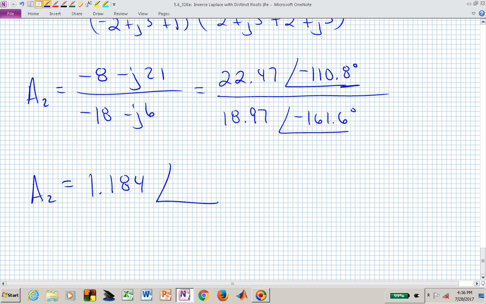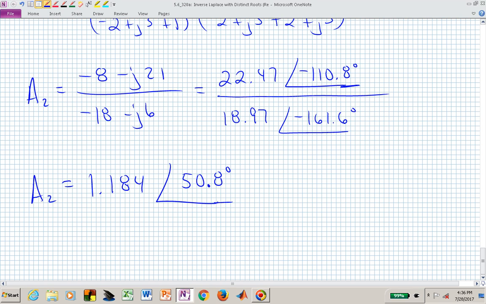And to obtain the angle of a sub 2, we subtract minus 161.6 from minus 110. So we're now adding 162 to minus 111, which now gives us, keeping track of the significant digits, 50.8 degrees.